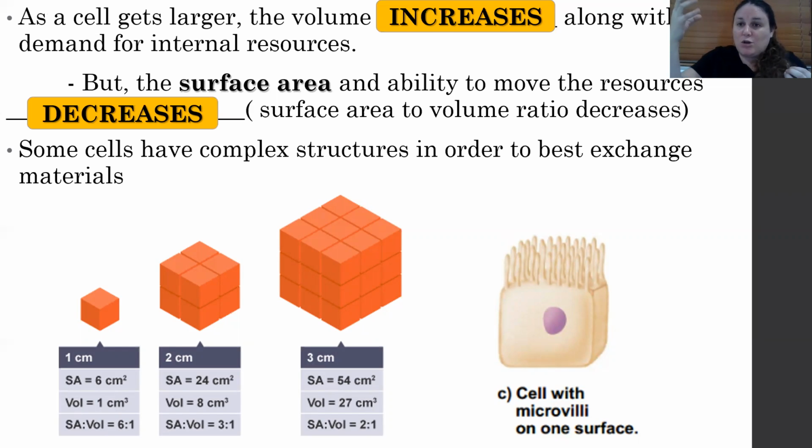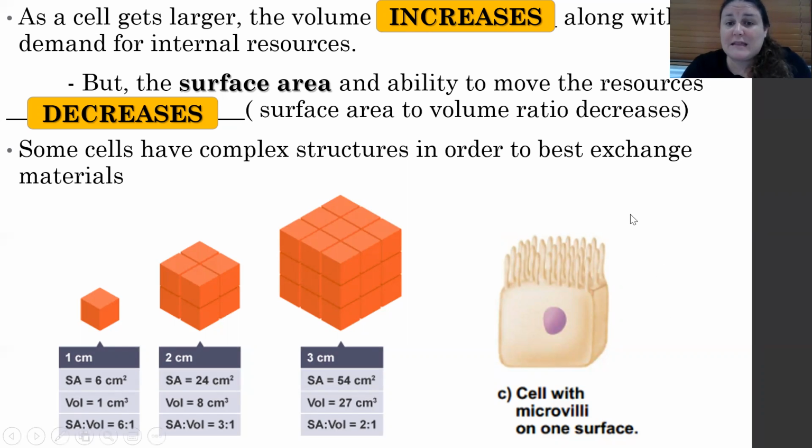And so as the volume increases, the surface area's ability to move the resources to where they need to go efficiently and quick enough decreases. And so as a cell gets larger and larger, it doesn't have enough surface area to service its volume. And so a low surface area to volume ratio is not good. We want there to be a high surface area to volume ratio.